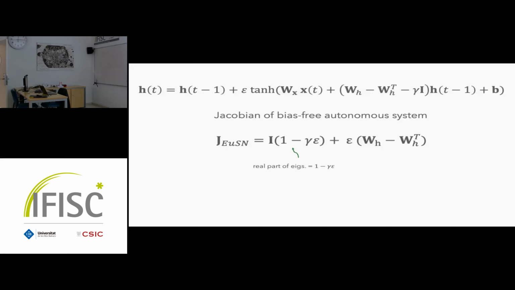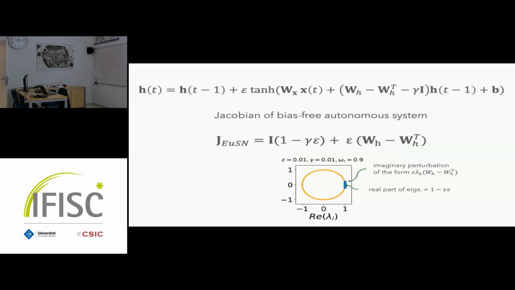So this tells me in practice that the real part of my eigenvalues of the Jacobian will be 1 minus gamma epsilon exactly. Right? And the other part tells me that I will have an imaginary perturbation of this form: epsilon times the eigenvalues of this matrix, which are imaginary by construction because they are antisymmetric.